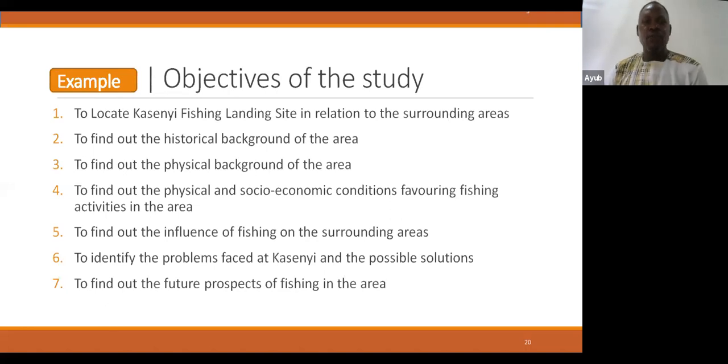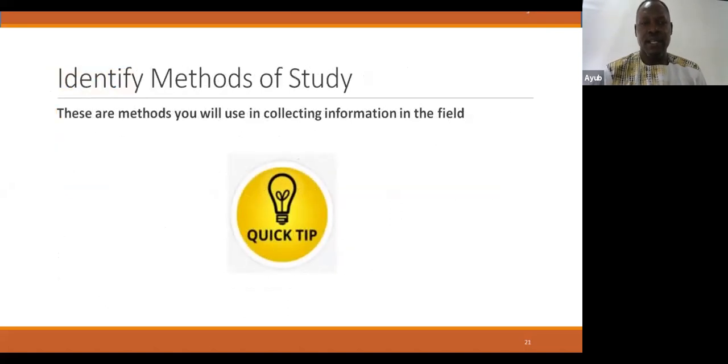Number 5, to find out the influence of fishing on the surrounding areas. That is an objective. Notice it has "to find out". As an example, to find out the problems faced by Kasenyi Fish Landing Site. So even for your area, you might want to find out some of these.